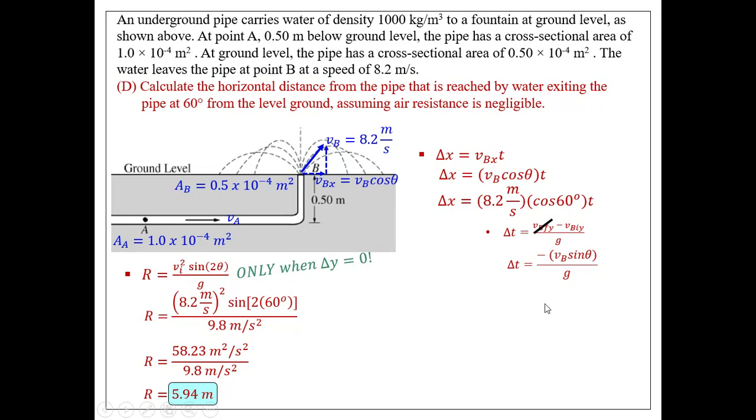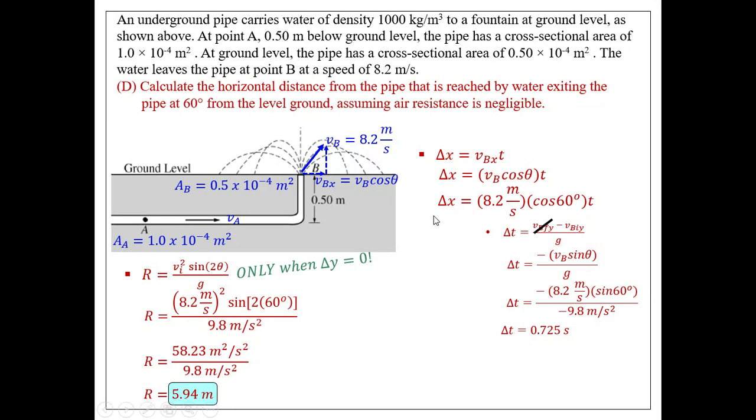Okay. So now that we know what VBI in the y direction is, we can say that it's just VB, the vector itself, times the sine of 60. G, we know what it is. It's negative 9.8. So I'm just going to plug that in. The negative sign gets carried down. VB I substituted for 8.2. Sine of 60 degrees divided by negative 9.8 meters per second squared. The negative signs will cancel out. Here is T. So this is the time that it just takes to go up.